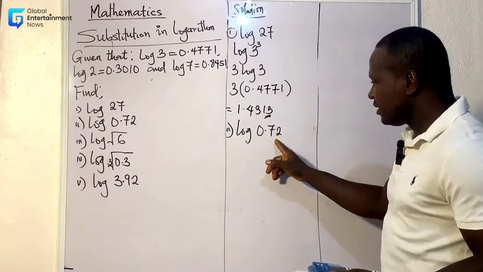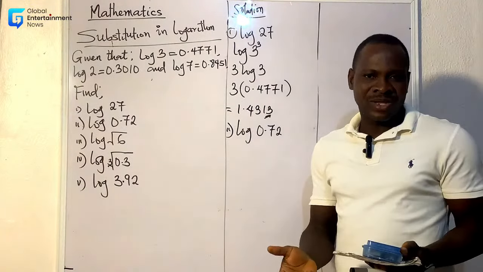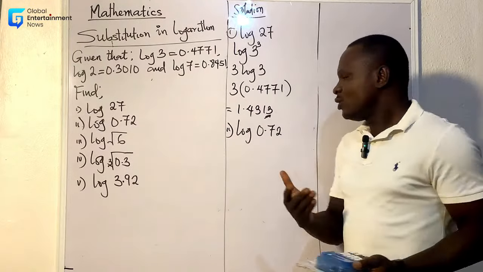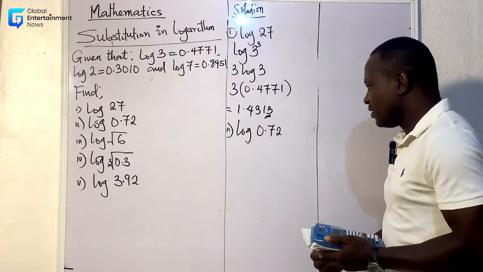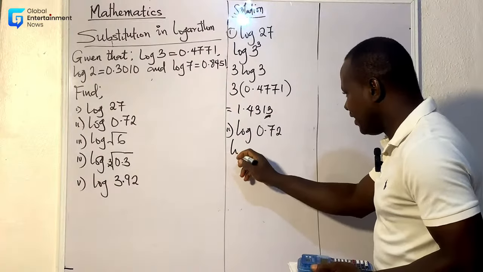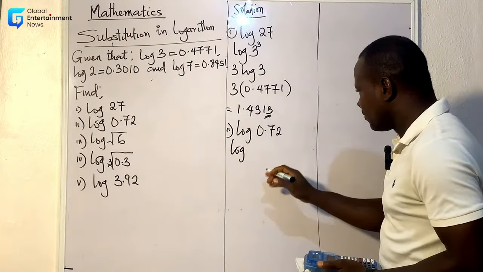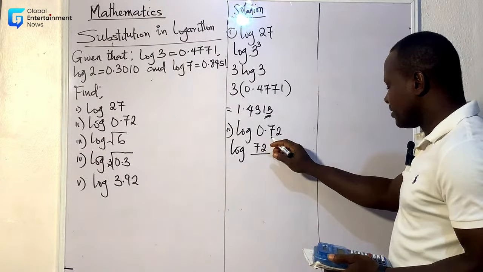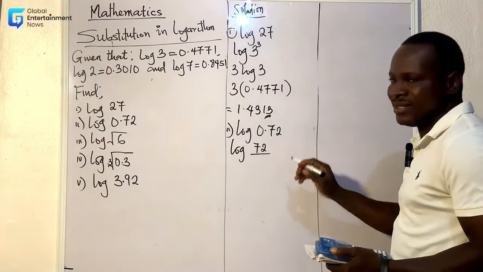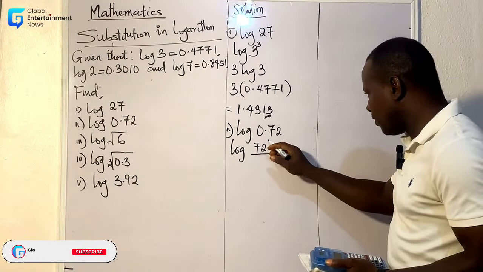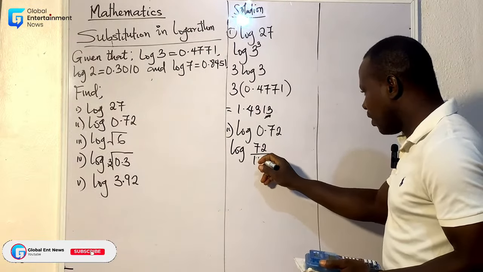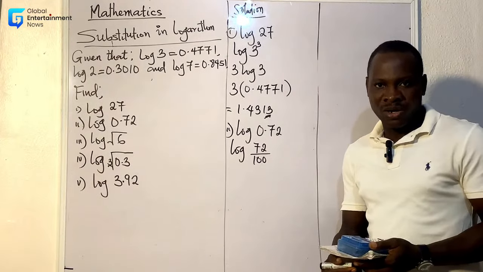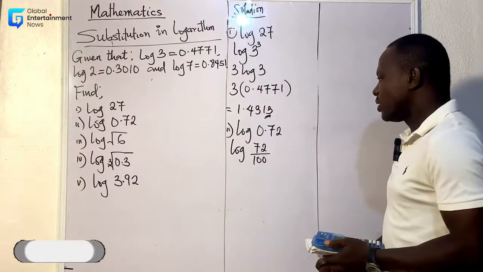We have to turn this to a fraction. I believe you still remember, we did this in indices. So looking at this, what we have here is log 72 over 100. This is tenth and this is hundredth. You remember? Tenth and 100.